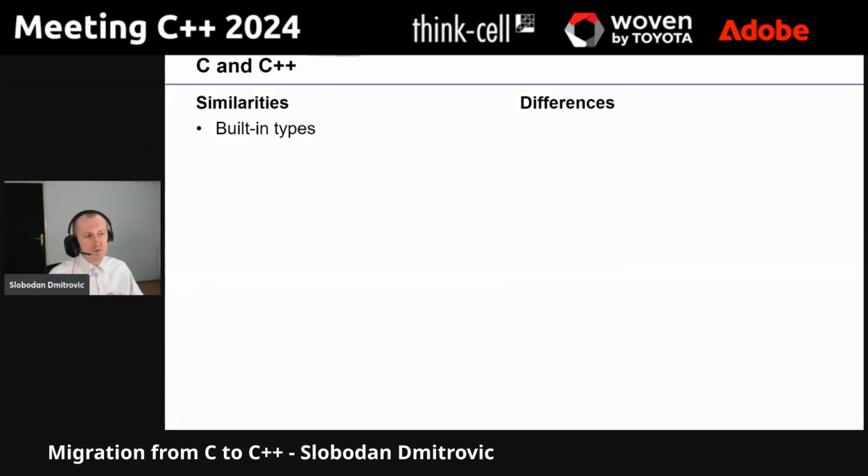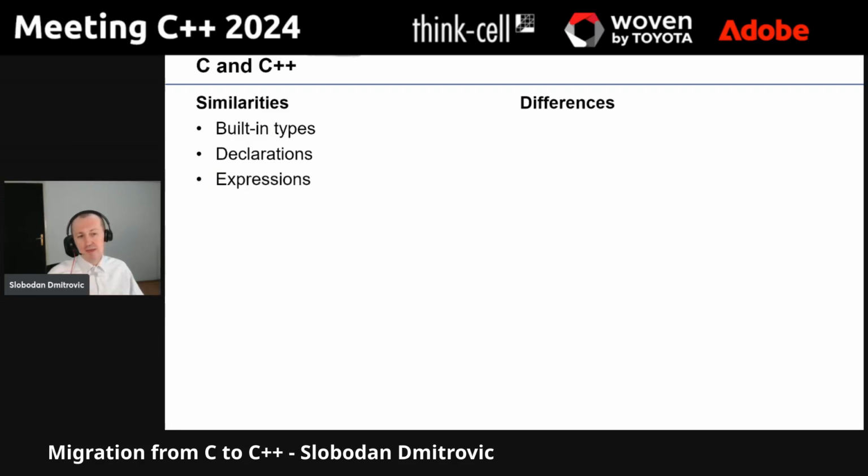Most of them, not all, but most of them. And we declare and define names in a very similar way as we do in C. There are differences, but you declare your variables and your functions pretty much the same way as in C.